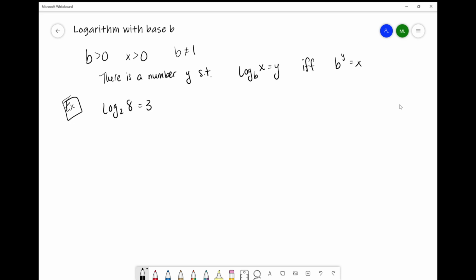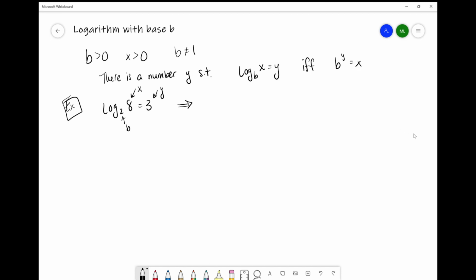Now what this means is that my base is 2, my x is equal to 8, my y is equal to 3, using the theorem that we have with logarithms with the base b. So 8 is the result I get when this base is raised to the power of 3. Now let's rearrange this into the exponent form.